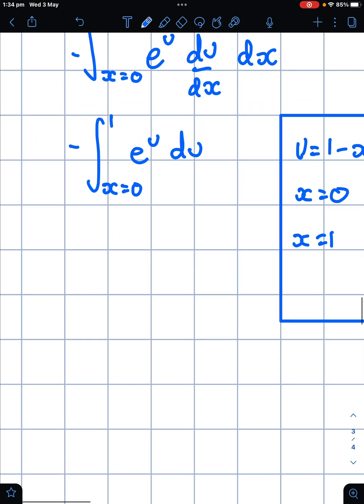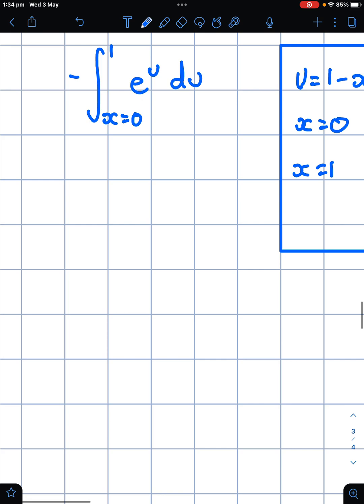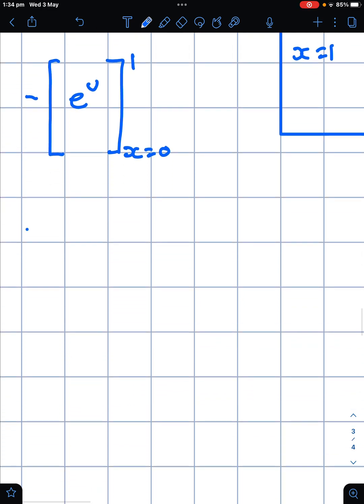Let's do it in terms of x first. So we've got this negative 1 that's sitting out the front, and then the derivative of e to the u is e to the u, with x equals 0 and 1. I now need to change this back to x's so I can sub it in.